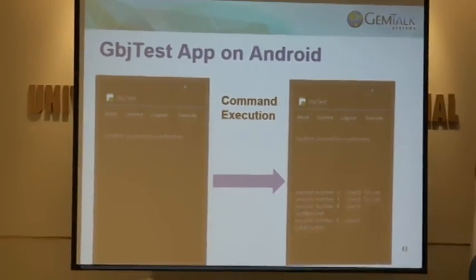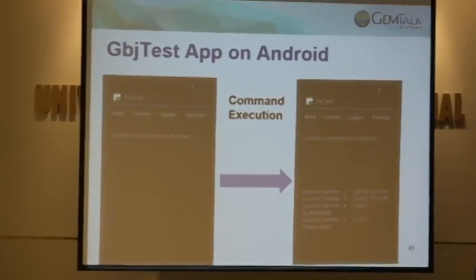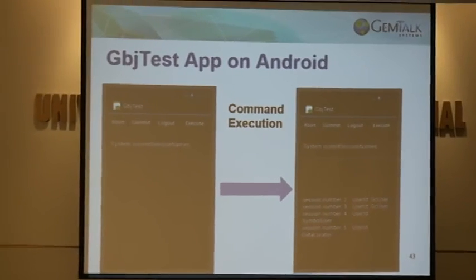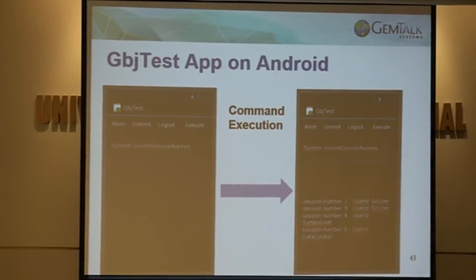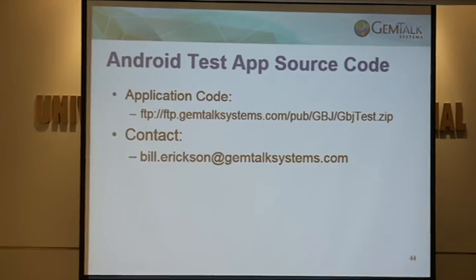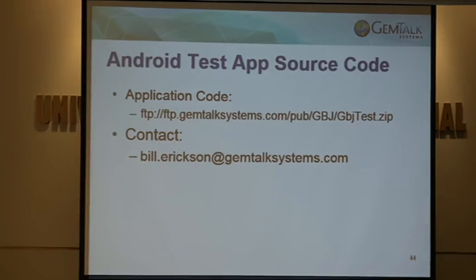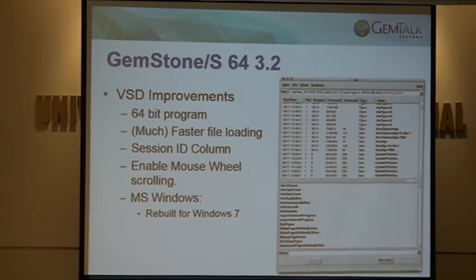So this is a bit more of a proof of concept. We have at least one customer who's playing with it. This is one of the skunkworks projects of, I don't know, do you think anyone would use this? So, give it a try. It's out there. You can download the test app, and if you have questions, contact Bill. But we think it's an interesting project.